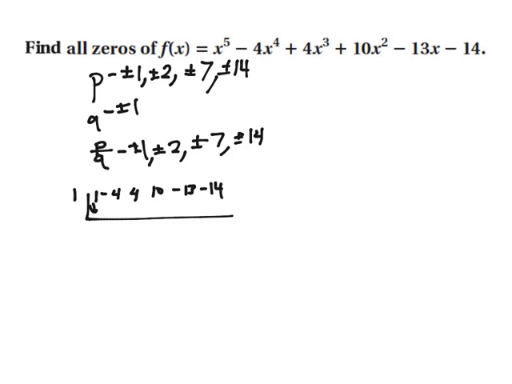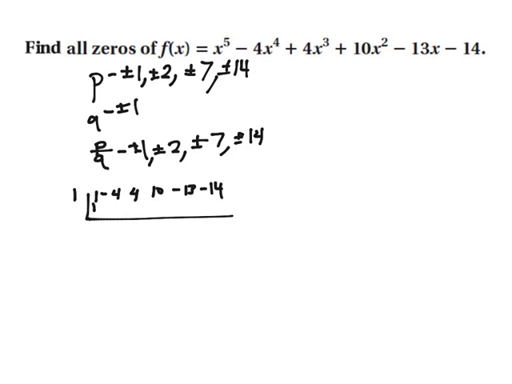Drop the first one. 1 times 1 is 1. 1 times 1 plus negative 4 is negative 3. Negative 3, 1, 1, 11, negative 2. That one doesn't work.